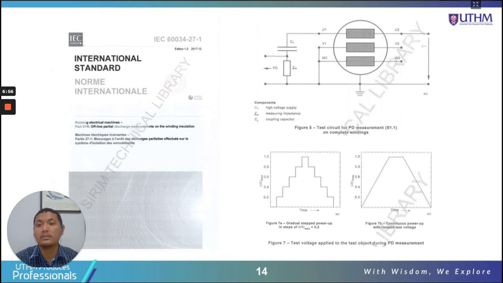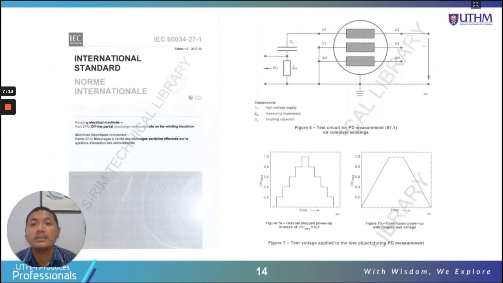We usually just copy what the IEC standards are and adopt them in the Malaysian Standard. Same thing for British Standard, which also refers to IEC.